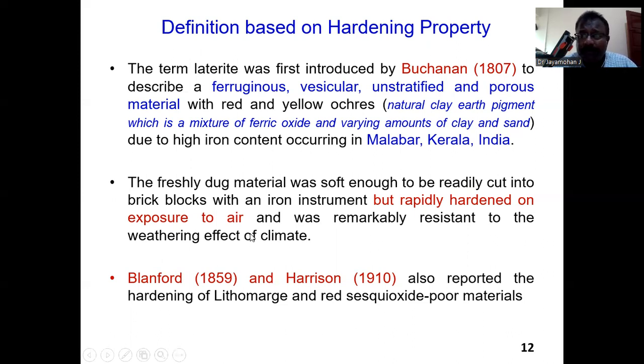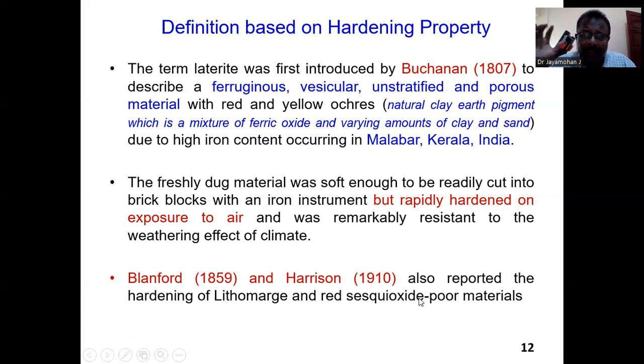Then towards the mid 19th century, Blandford, and in the earliest part of the 20th century, Harrison, reported the hardening of lithomarge. Laterite is also referred to as lithomarge and red sesquioxide-poor materials.